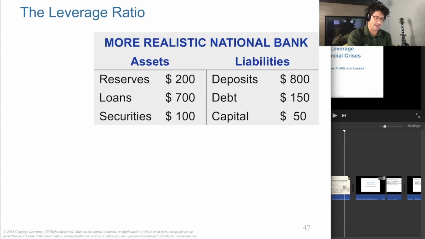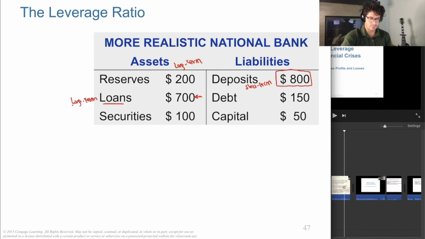You have deposits and debt. Notice banks in general have a lot of demand deposits. The reason is that really their business is borrowing short term and lending long term, particularly loans. As you can see here, this is very long term.